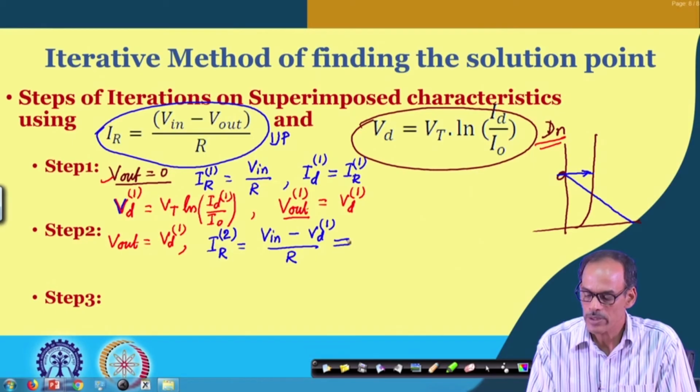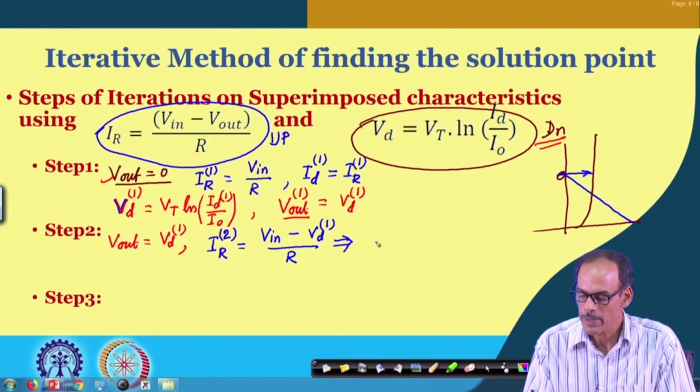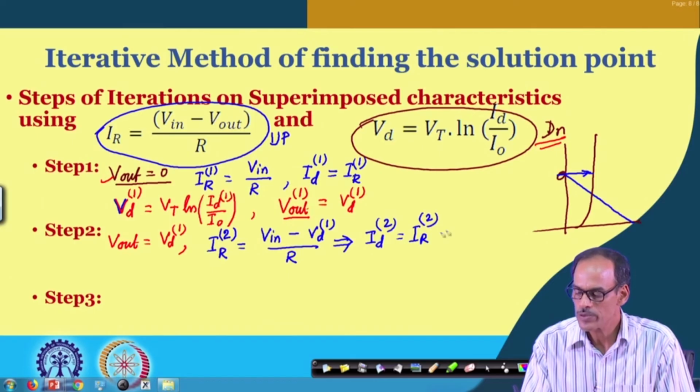So, again this will be giving us I d 2 equals I r 2. That means we are satisfying this KCL, right.